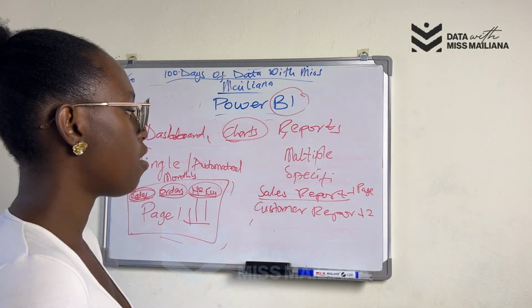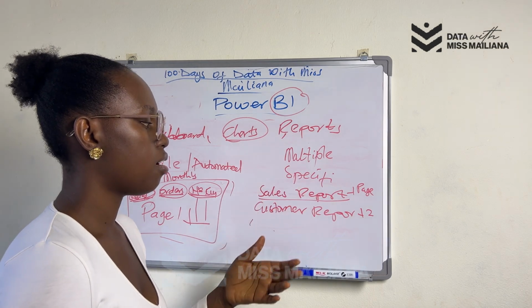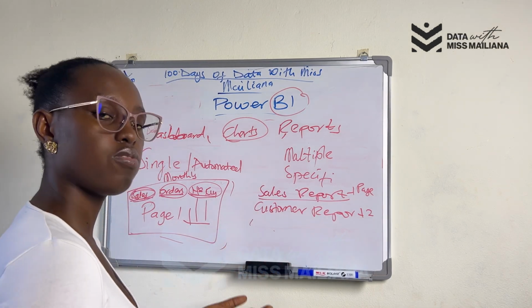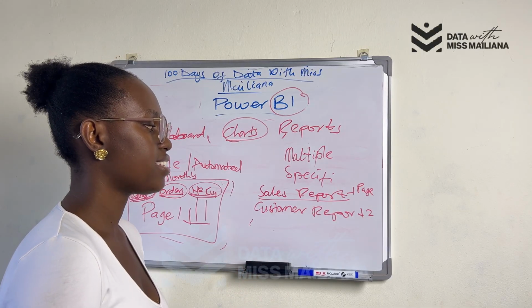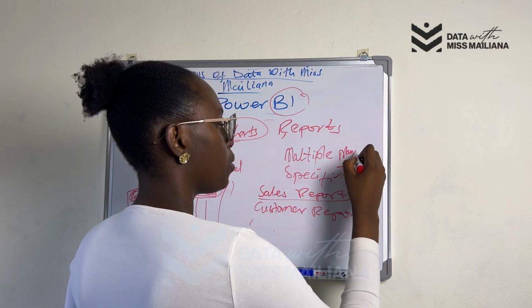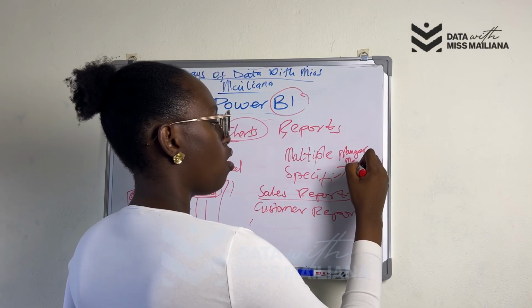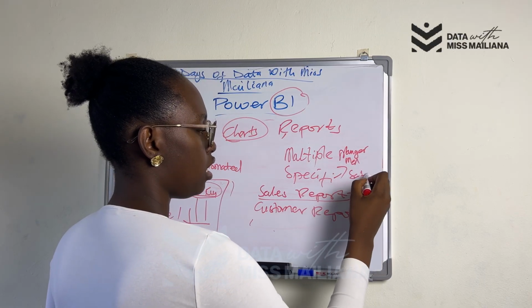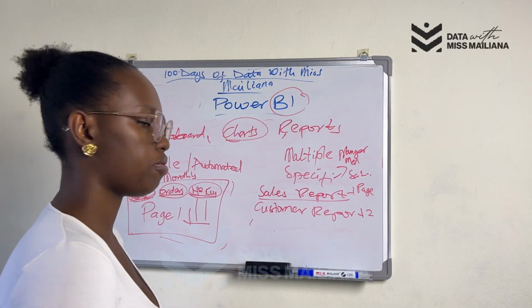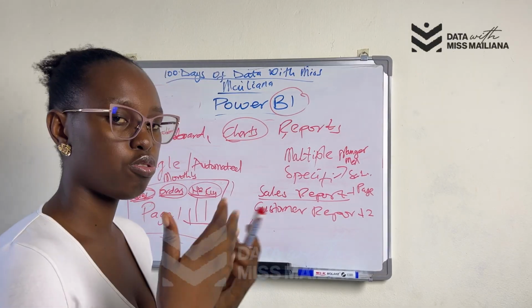So for reports, there are multiple reports pages or multiple dashboard pages. You can say that multiple pages that are for specific things. So maybe for managers meeting, or for sales meeting. So like you are going for a specific thing, so you are making a report out of it, right? So you're making a report to show, right?